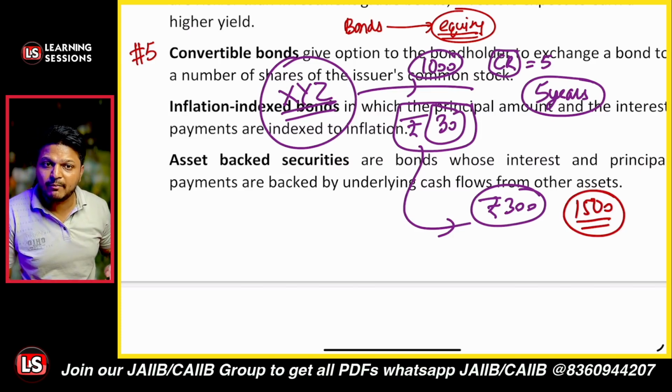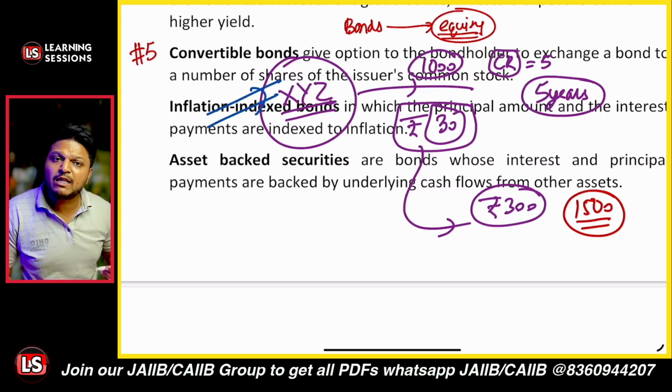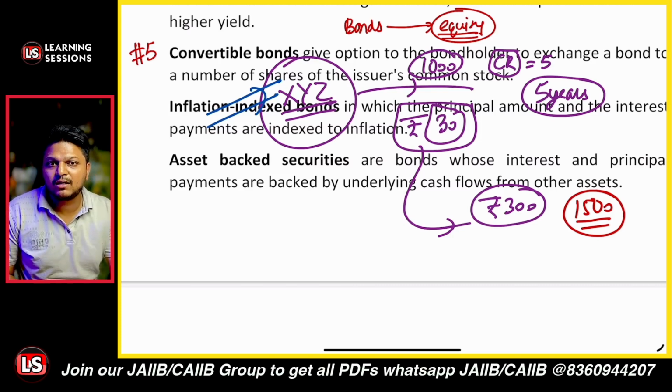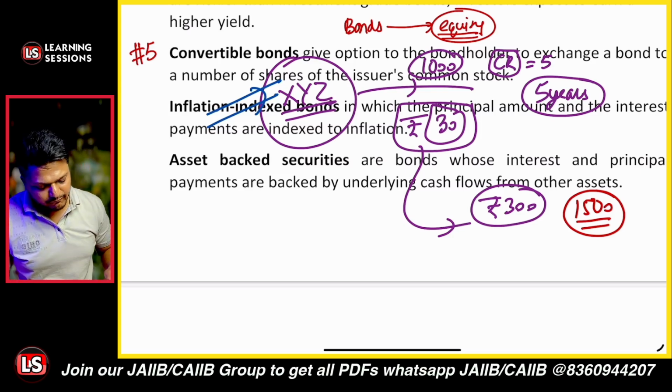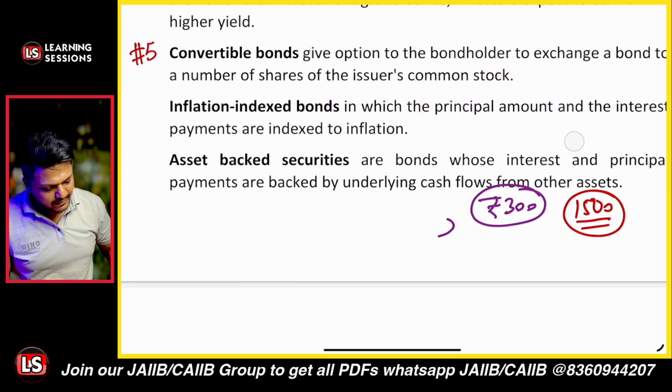So 5 into 300 means 1500. So the person will be benefited, and also the company is benefited. How come? Because otherwise the company was to repay the amount, but now the total amount is converted into the form of equity. The company is not to repay the amount, right? Because when the bonds are converted into equity, equity means that you are the part owner of the company and no amount will be paid to you, right? So that is beneficial for both, whether it's the bondholder or the company, right?